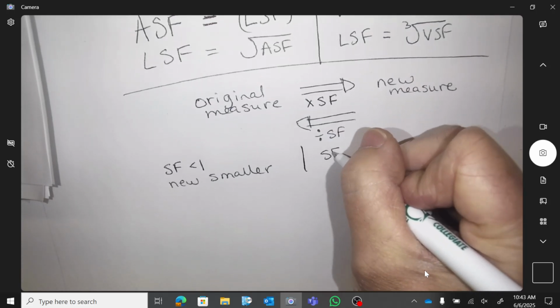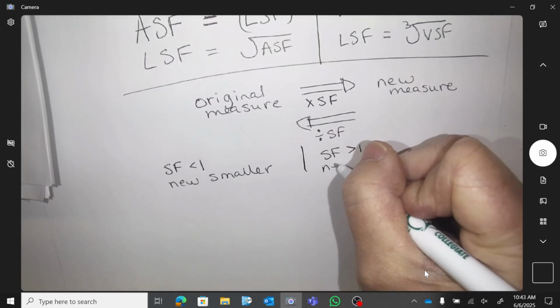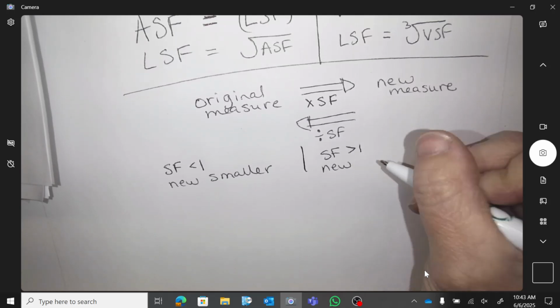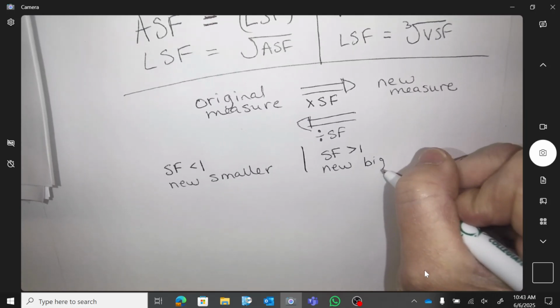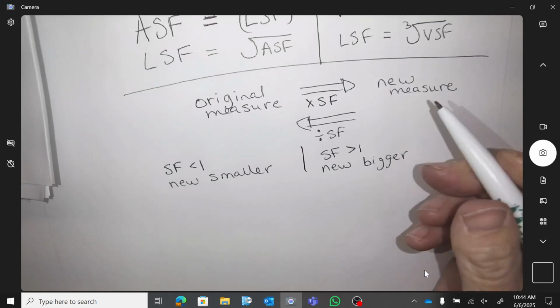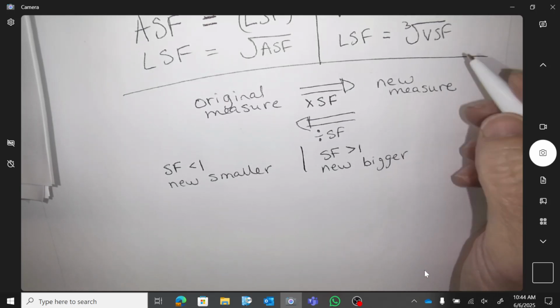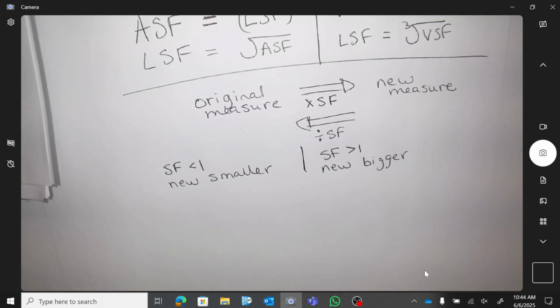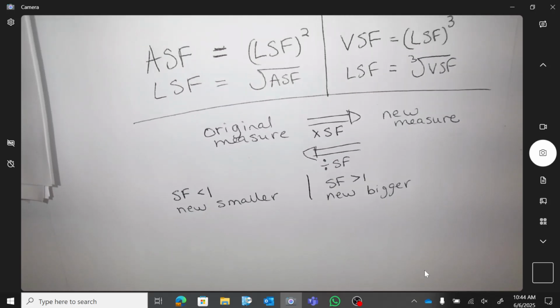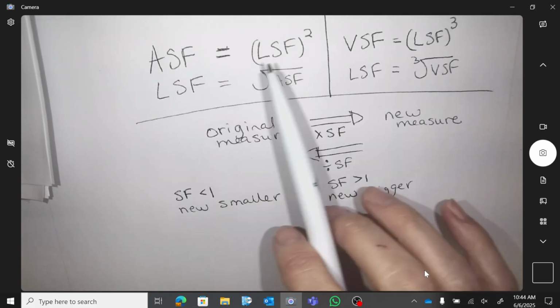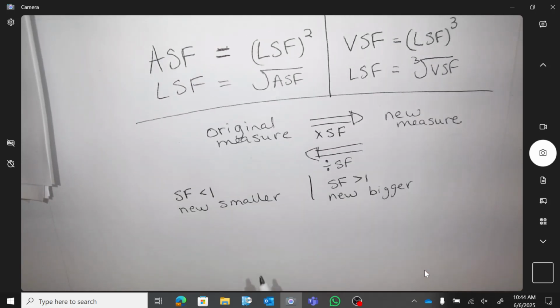And if your scale factor is bigger than 1, what are you going to know about your new object? It would get bigger, right? Does that make sense? So we can convert between scale factors using area and volume, and we might need to figure out what the original volumes or original heights or whatever it is.